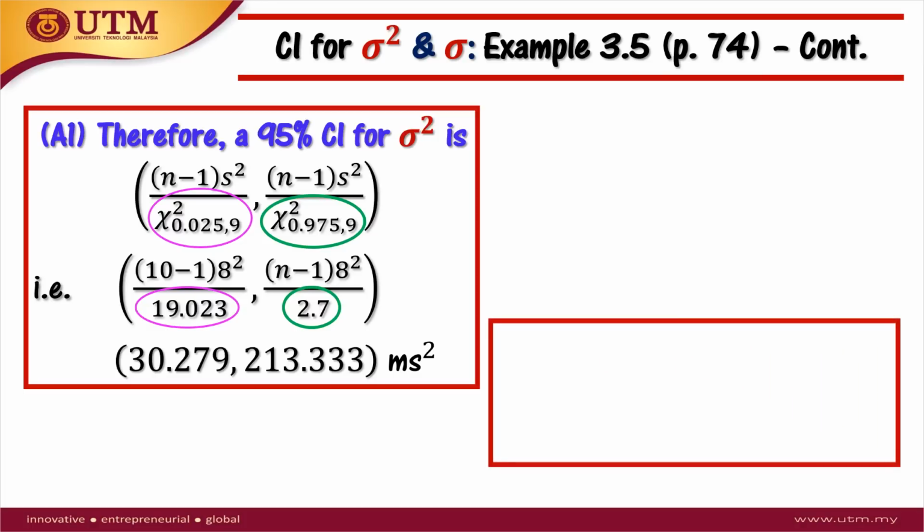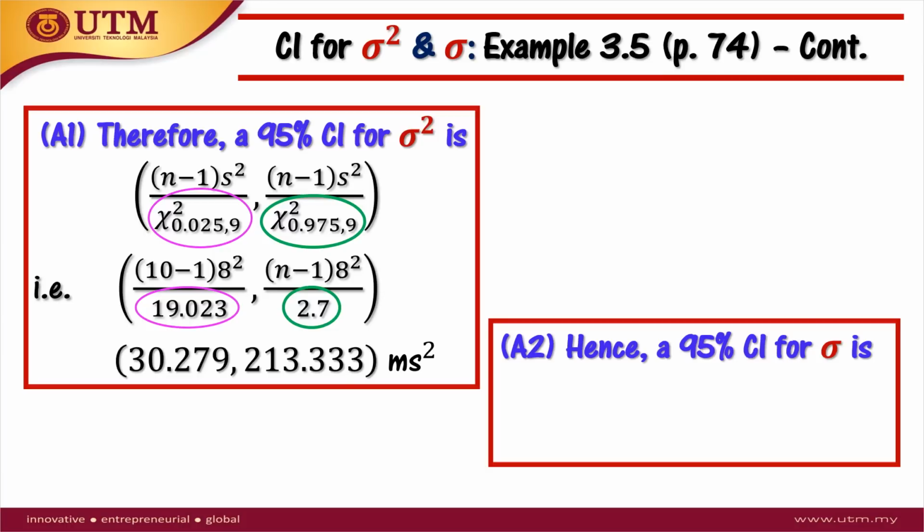Hence, we can then construct a 95% confidence interval for the true standard deviation of the response time sigma by taking the square root of the values in the 95% confidence interval for sigma squared.